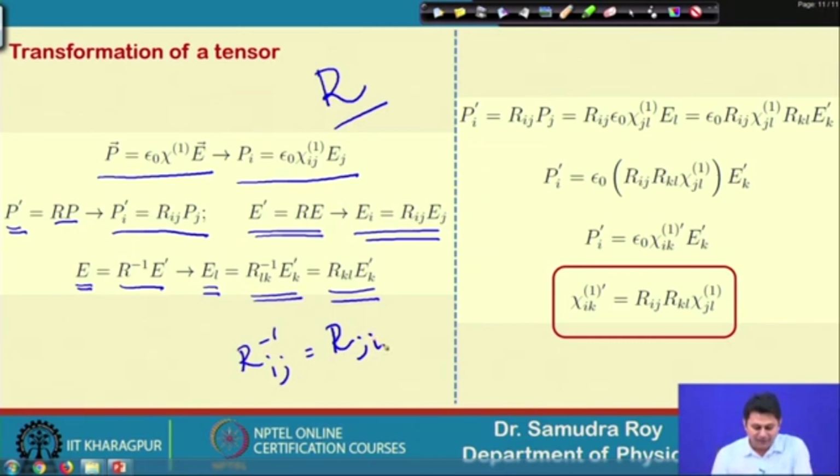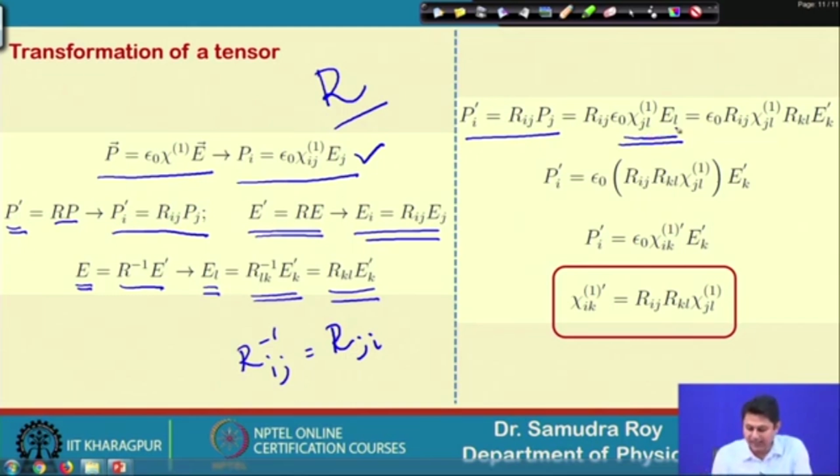Well, after having this, go back to our old equation, where the ith component is now going to change. Now I put all these things together. P_j is nothing but chi_jl E_l, which is this equation. I am writing this equation once again and operating these over P_j. So P_j in terms of E is this.